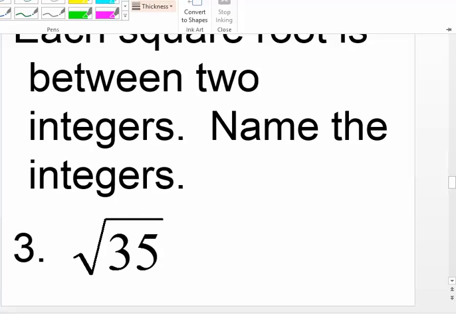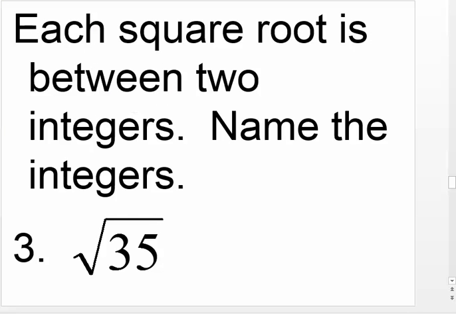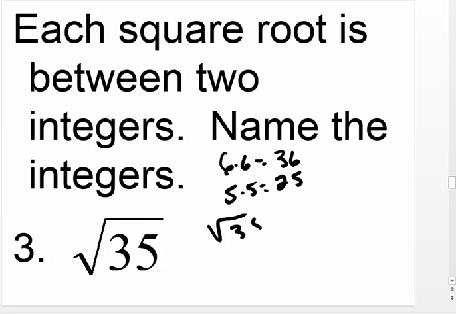Looking at this one, if you can imagine what numbers are close by, let's say 6 times 6 is 36. 36 is greater than 35, so we're going to go 5 times 5. That's 25. So the square root of 35 is between 6 and 5.